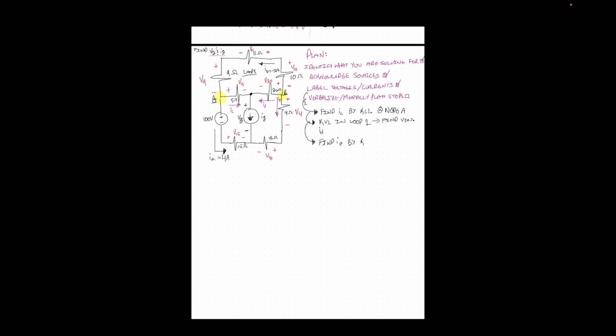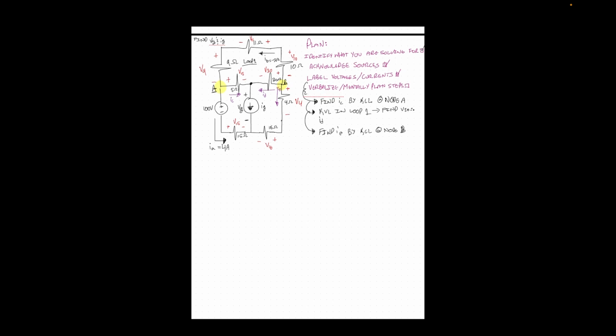So I'm going to write that down, find IE by KCL at node B. Alrighty. Once I've found IE and ID and IC, I can now find IG. Otherwise, I could have found IE in this intermediate step right here, but just to be safe, I like to find IE.